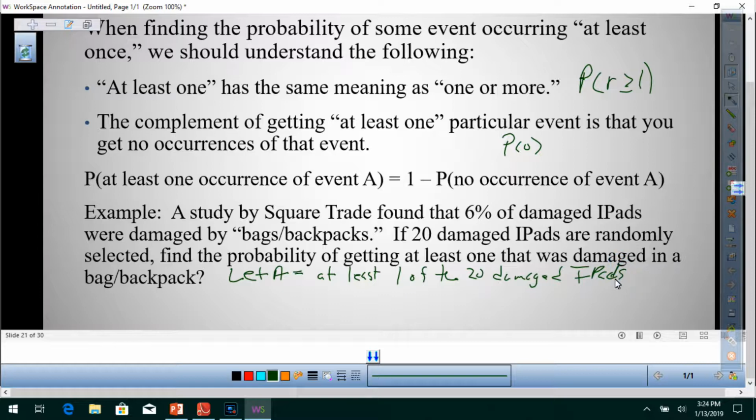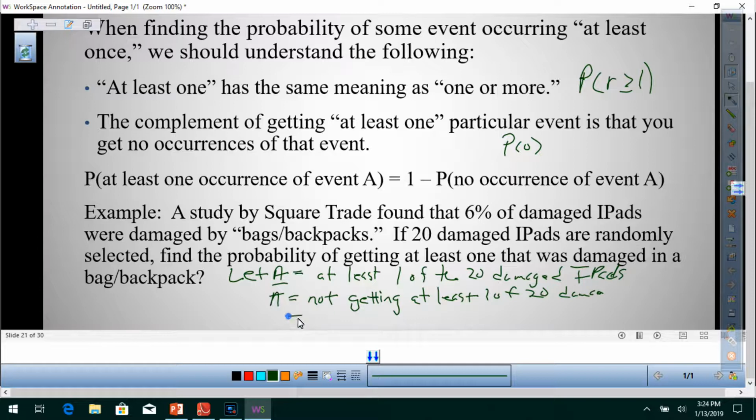So identify the event that is the complement of A. Let A complement be not getting at least one of the 20 damaged iPads damaged in a bag or backpack among the 20.